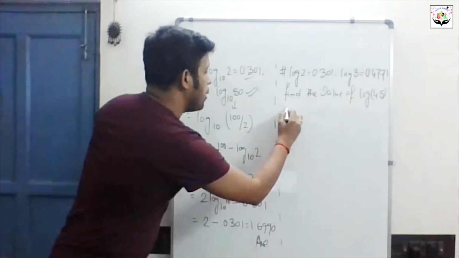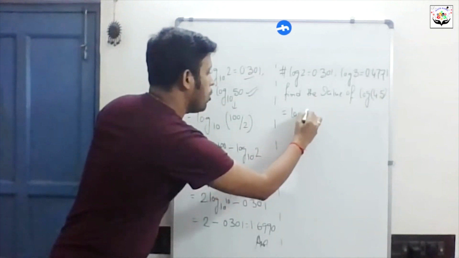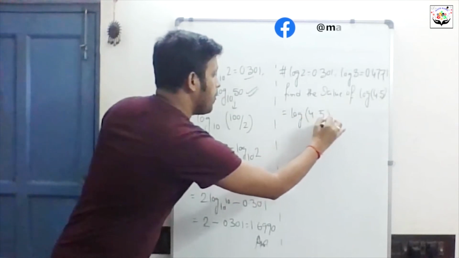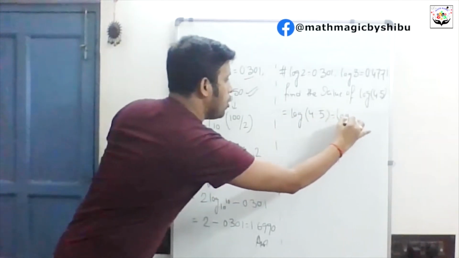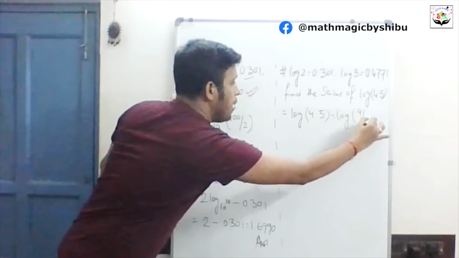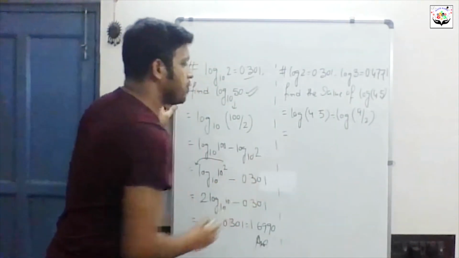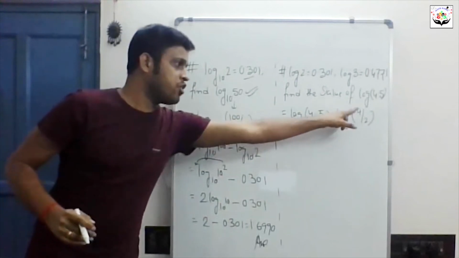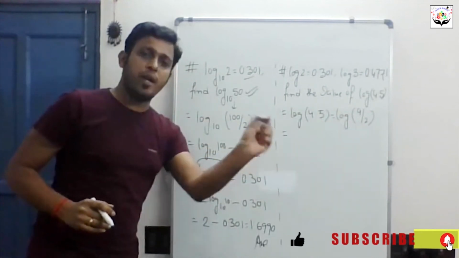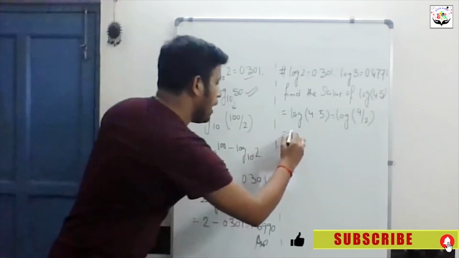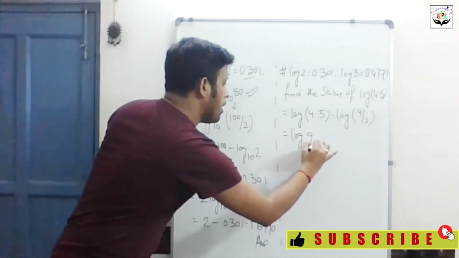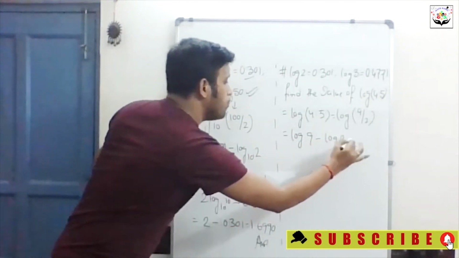Now, can we write log of 4.5 equals log of 9 by 2? We can definitely write it. As per the same formula, log of x by y equals log x minus log y, so we will write log 9 minus log 2.